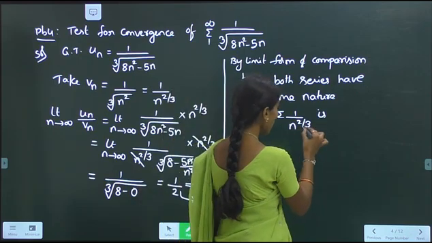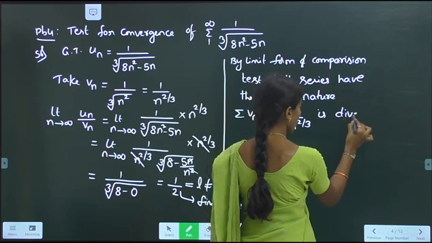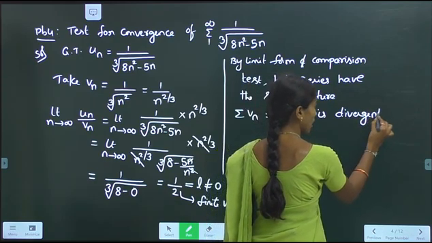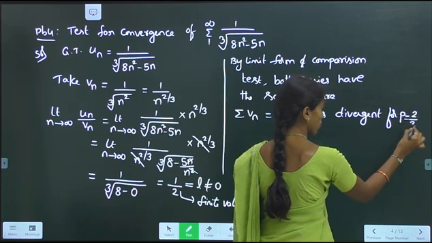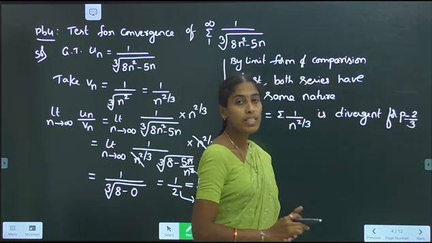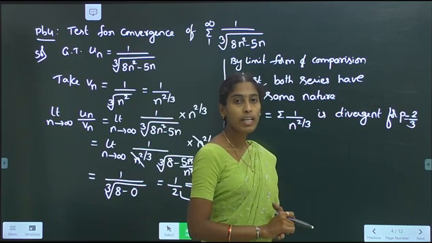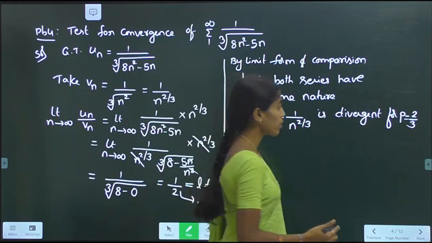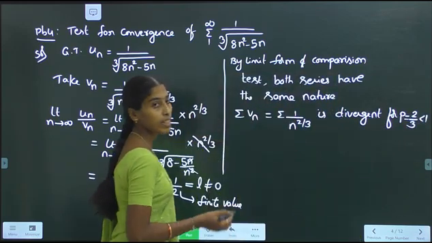So 1 by n power 2 by 3 is divergent for p equal to 2 by 3. The p test is convergent if p is greater than 1, divergent if p is less than or equal to 1. 2 by 3 is less than 1, so it is divergent.